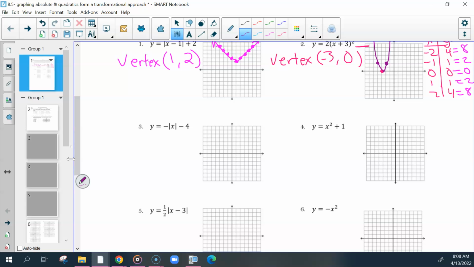Number 3. What would our vertex of this one be?